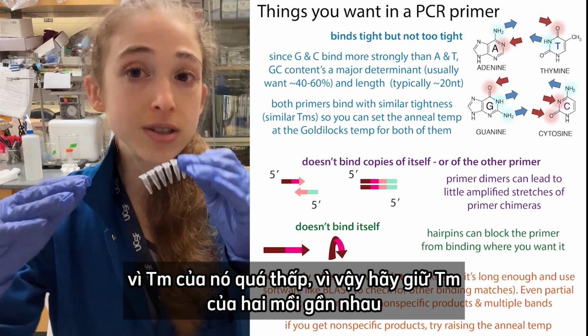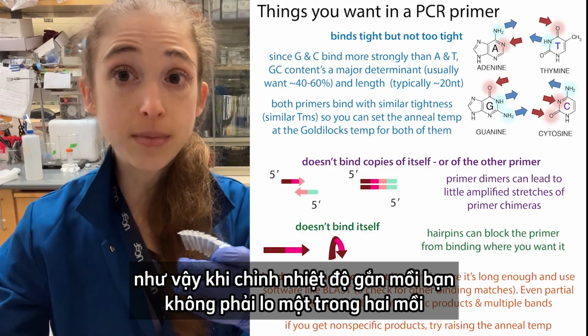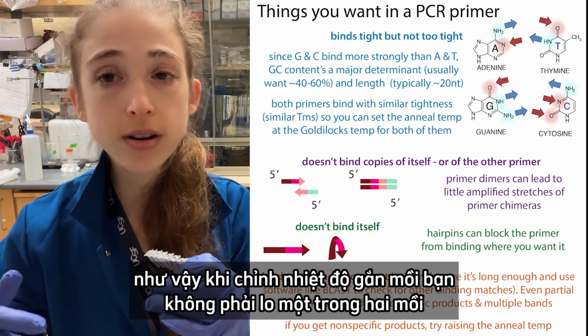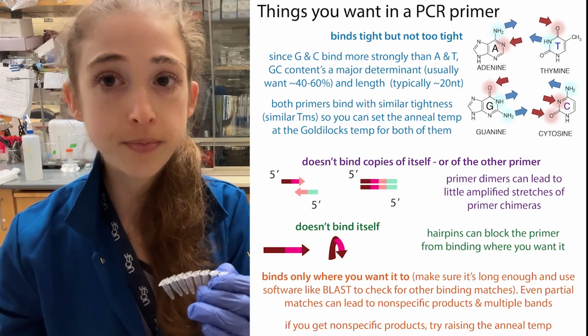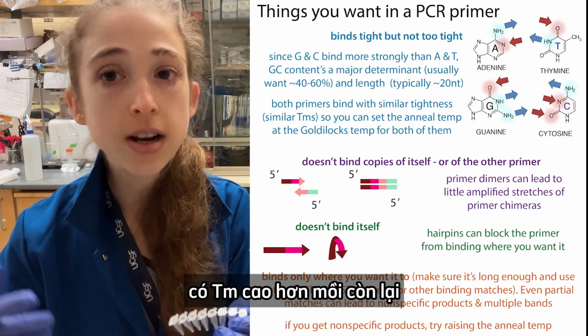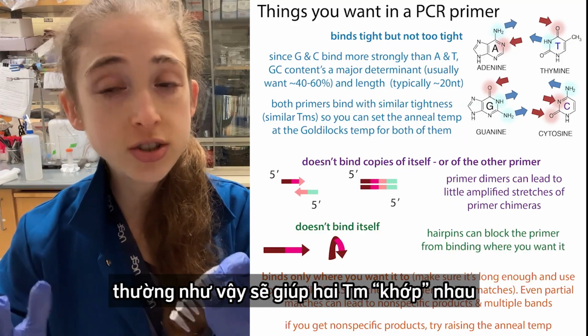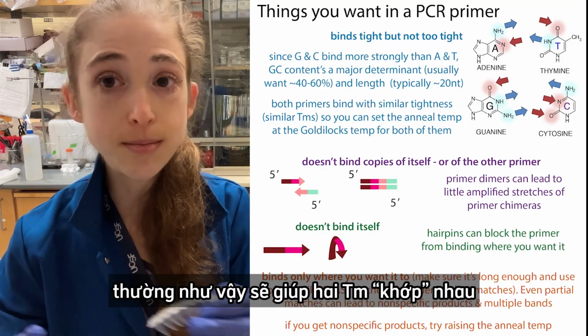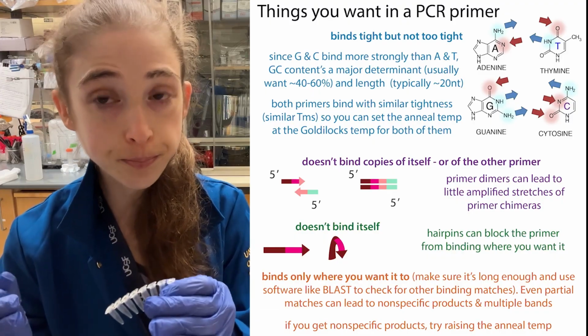So you want to make sure that your TMs are close together, and this way when you're adjusting your annealing temperature, you don't have to worry about one primer not being able to anneal at that higher temperature. If one of your primers has a higher TM than the other, just go ahead and make that other primer longer. Usually that'll give you matching TMs, or at least within a couple degrees of one another.